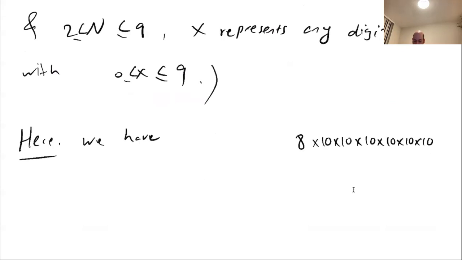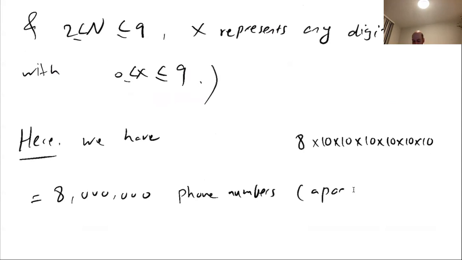So that's going to be 8 million phone numbers apart from the area code, because I want to know how many area codes I need.